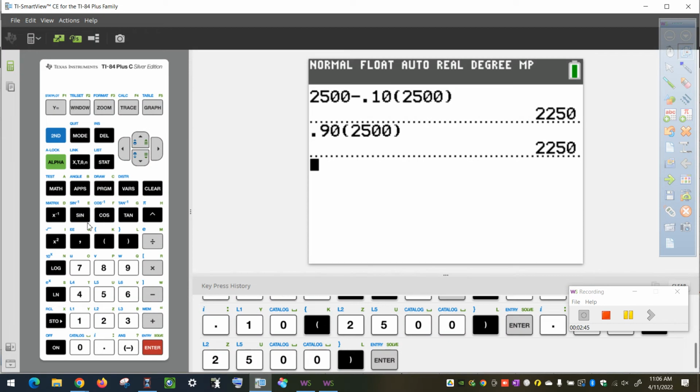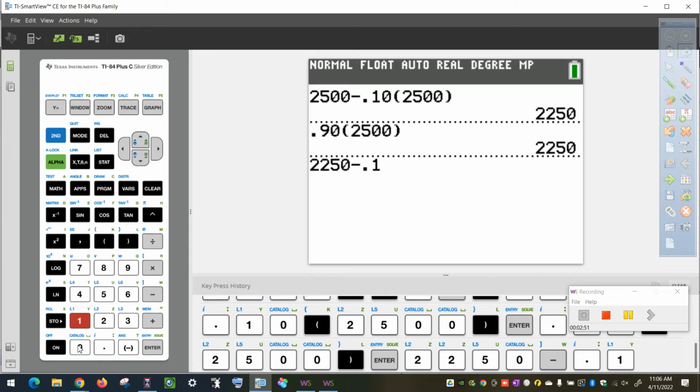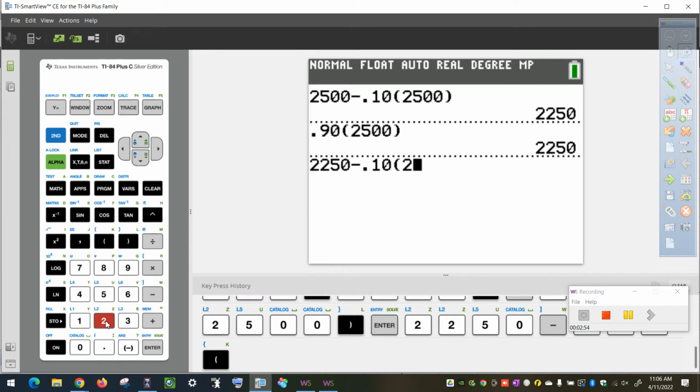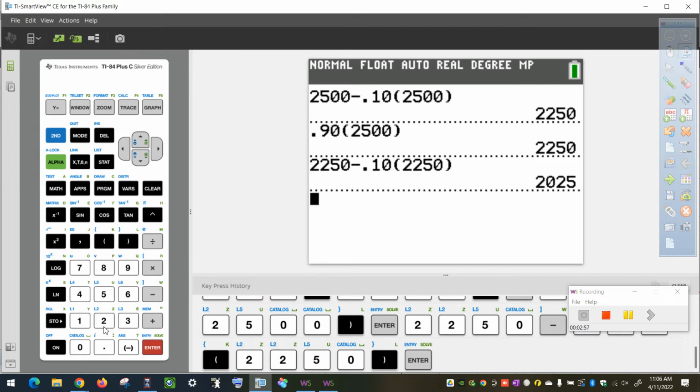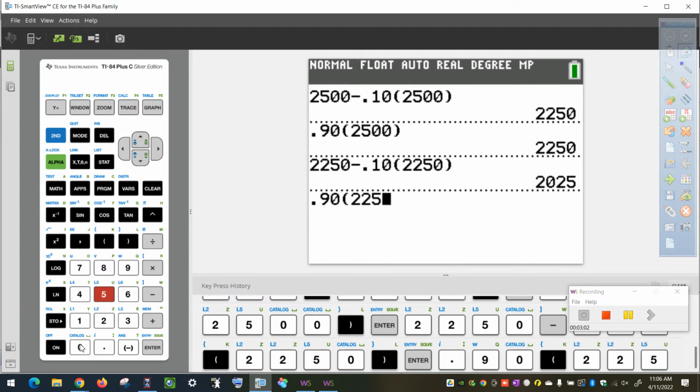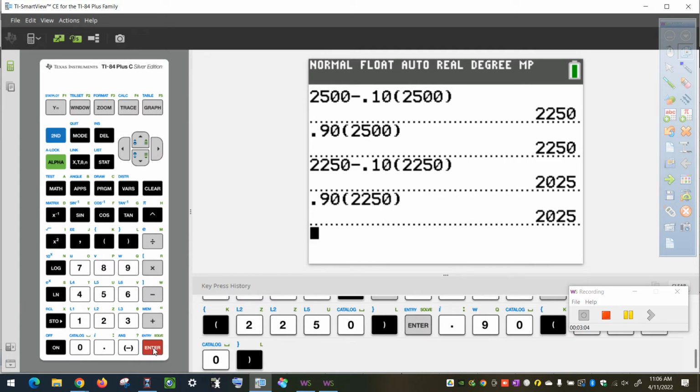The first option is to actually subtract 10% of 2,250 from 2,250, or we could have just done 90% of 2,250. And we should get to the same end result here, 2,025 gallons after the second minute.